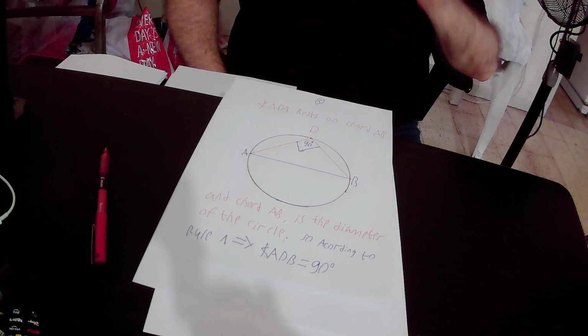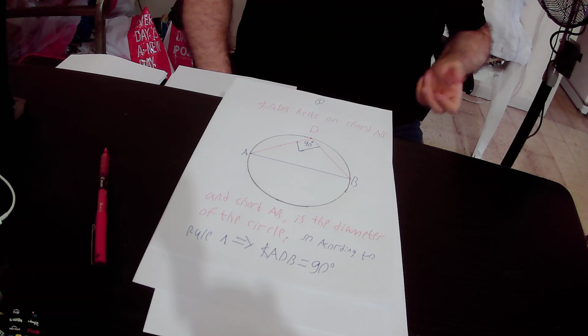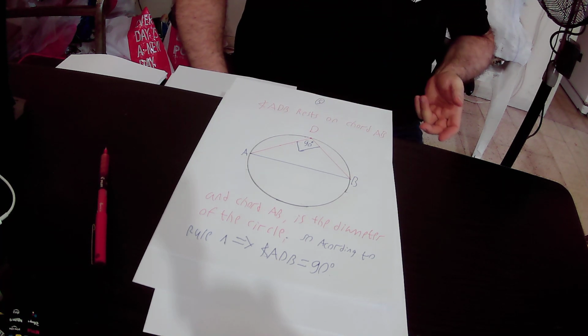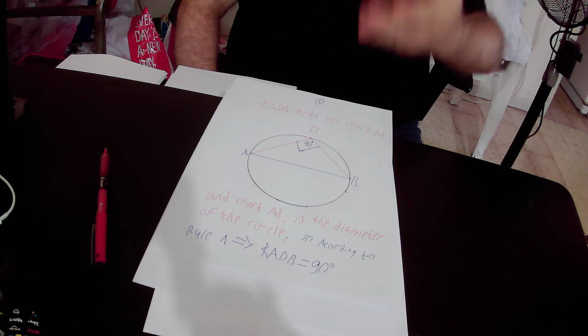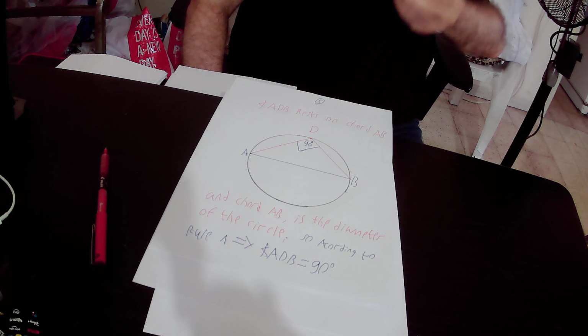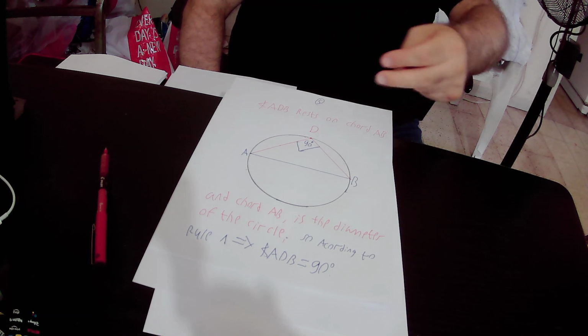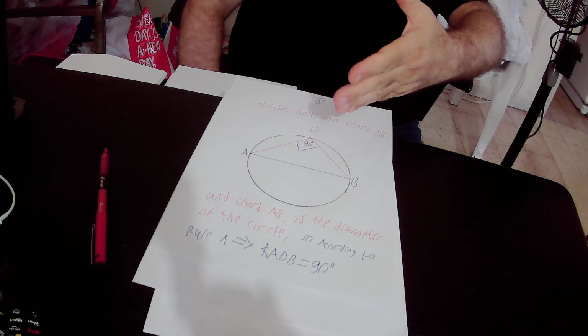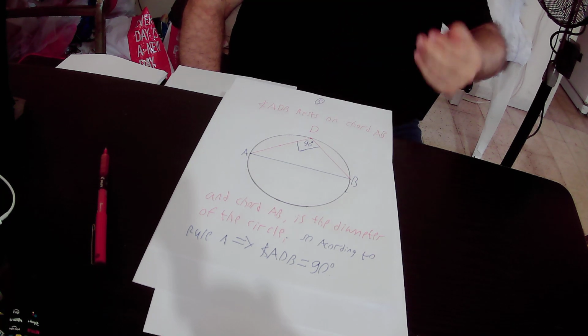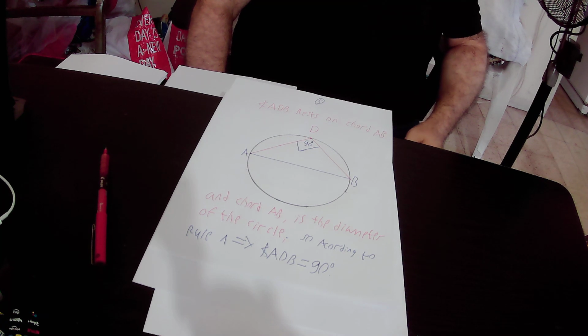According to rule number 1, angle ADB equals 90 degrees because it rests on the diameter of this circle. Okay?